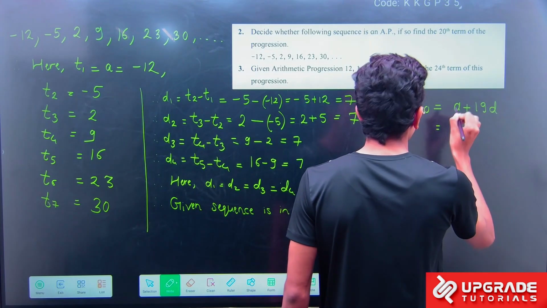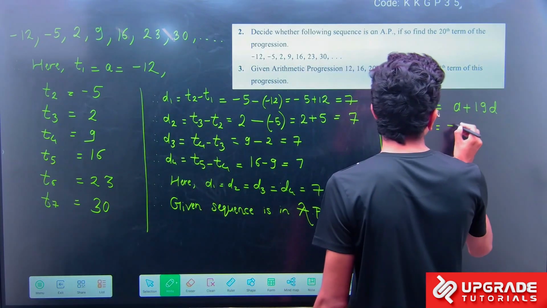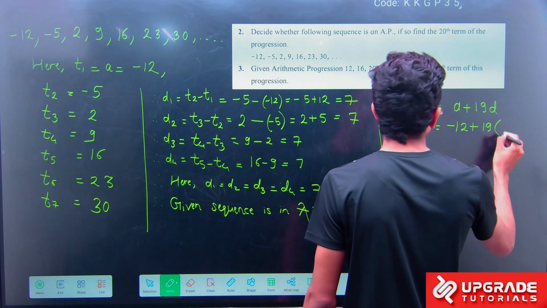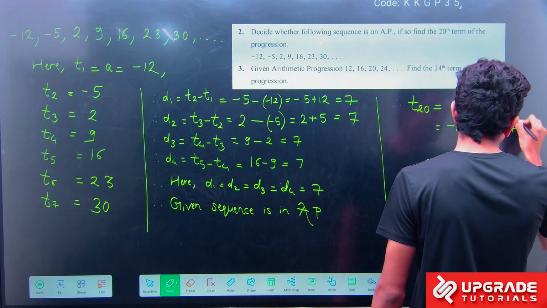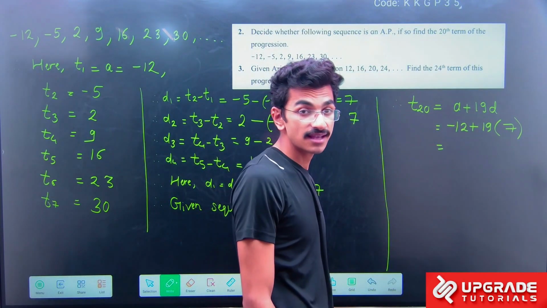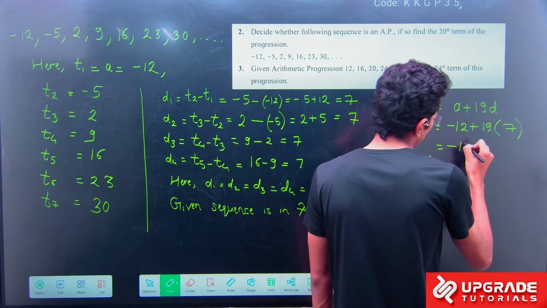Okay. What is the value of A here? The value of A is minus 12, plus 19 into, what is the value of D? D is nothing but 7. So 19 sevens are 133.